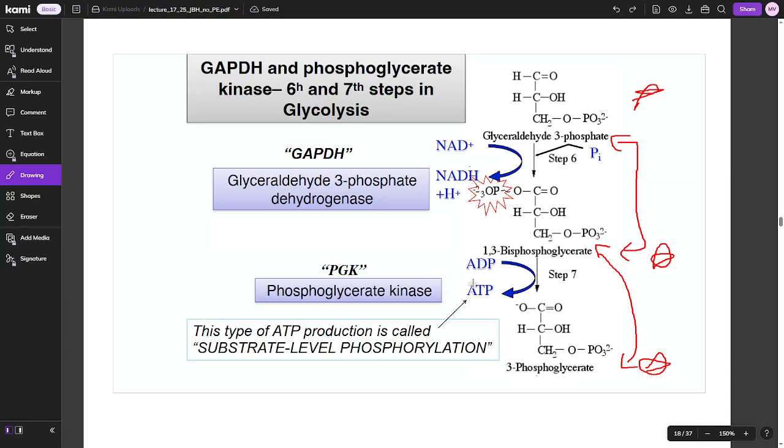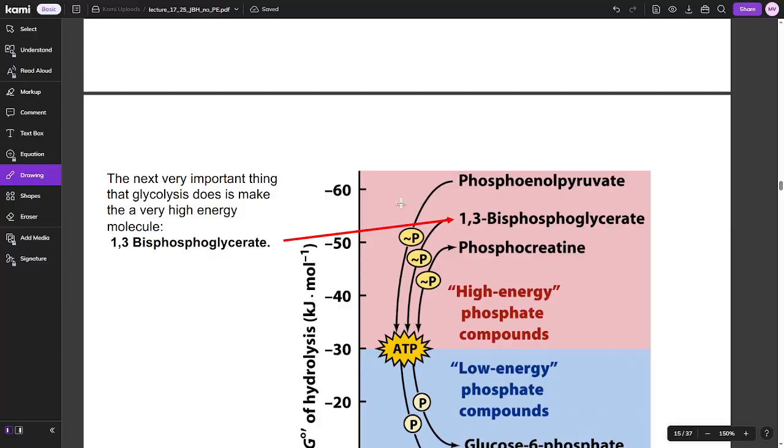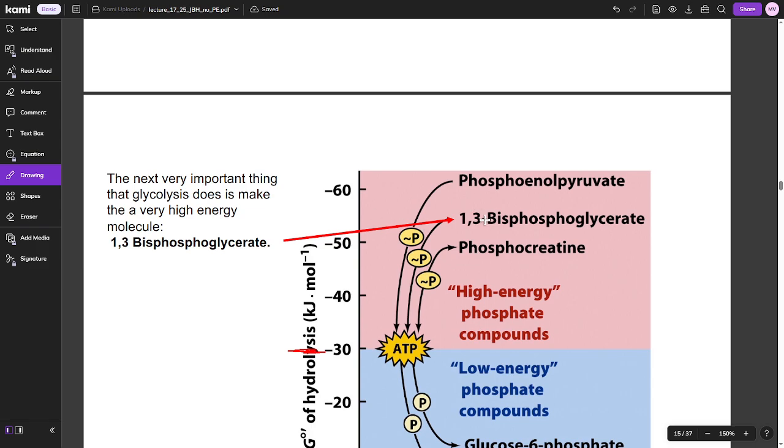And you may be wondering, well, how are we able to generate ATP? Well, we're able to do that because this reaction is so negative in comparison to the ATP hydrolysis. I think there is actually a diagram. If you look at this, ATP is at negative 30, but the 1,3-bisphosphoglycerate is at like negative 55.